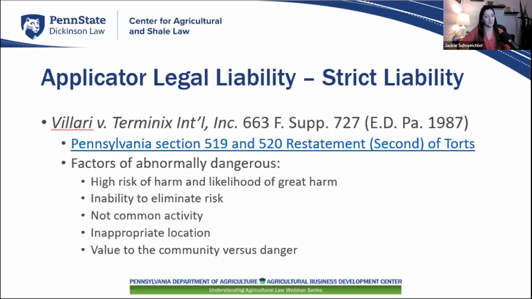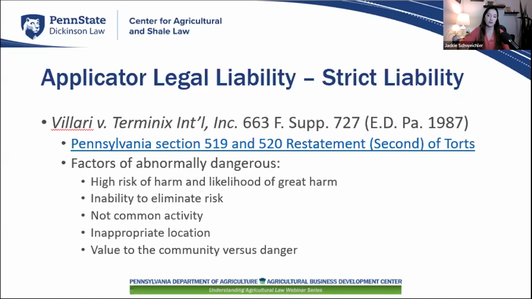So what is the rule in Pennsylvania? Does pesticide application fall under strict liability or not? In the Valari case, the court said no, at least for applying pesticides. But they noted that under Section 520 of the Restatement of Torts, one of the factors in reviewing the ultra-hazardous nature of an activity is, quote, the extent to which its value to the community is outweighed by its dangerous attributes.